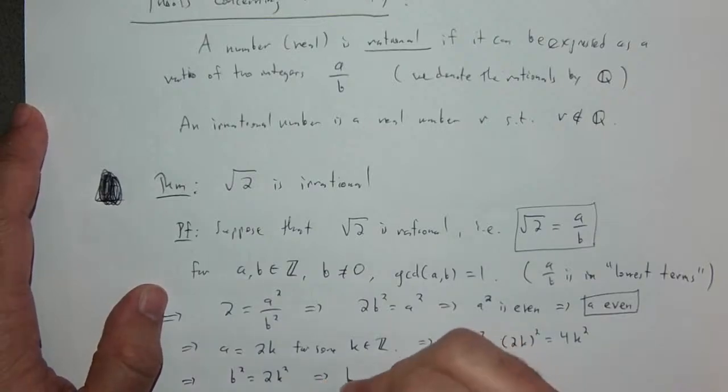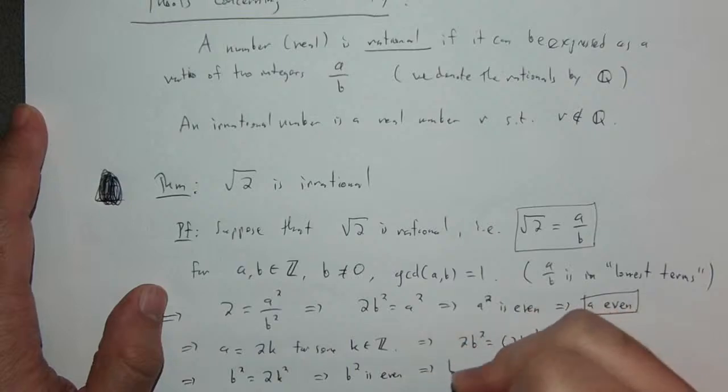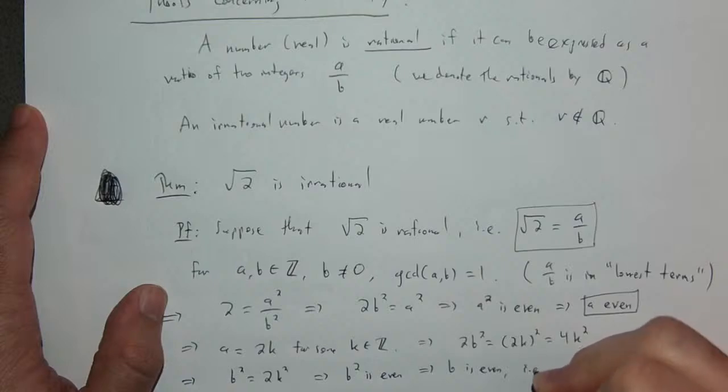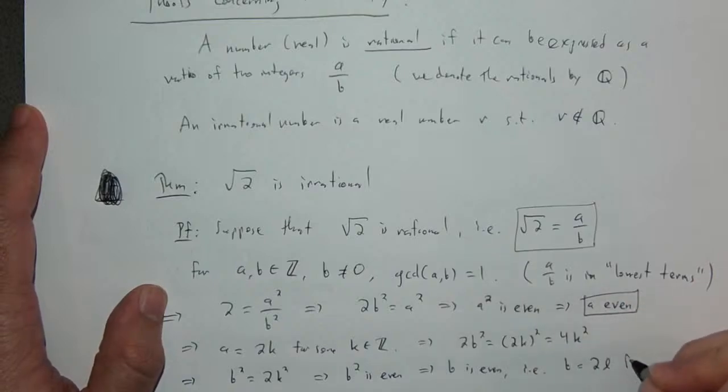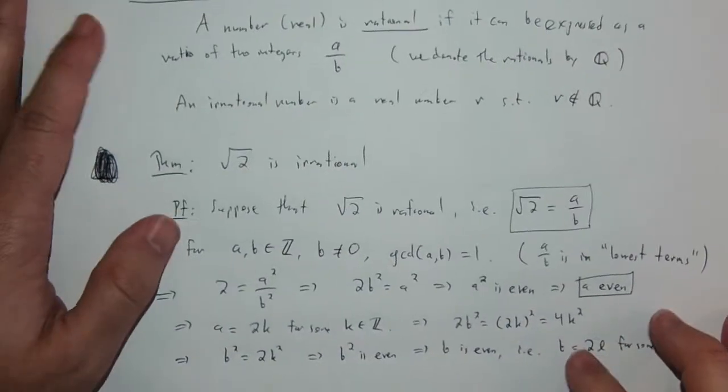which means that b squared is even, which means that b is even, i.e. b is equal to 2l for some integer l. But I've got a contradiction here. Why do I have a contradiction?